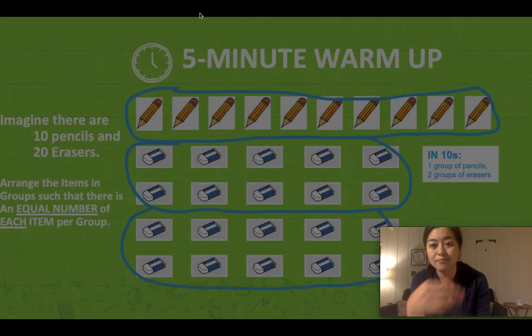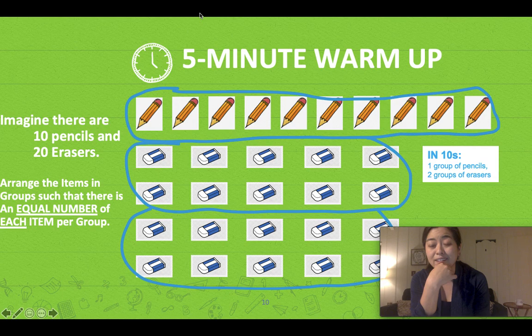That's right, there are 10 items in each circle. So we arrange the items in groups of 10. Do you see that? There's one group of pencils that has 10 in it, and then two groups of erasers that have 10 in them each.